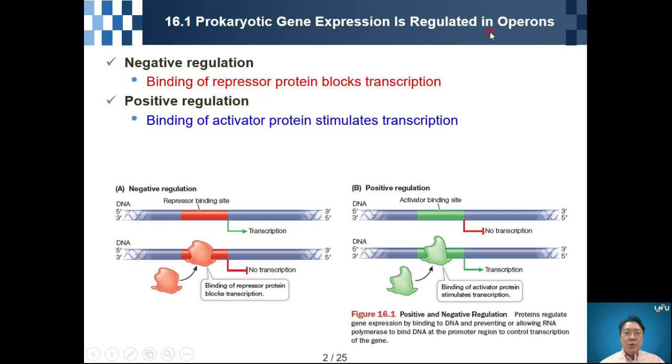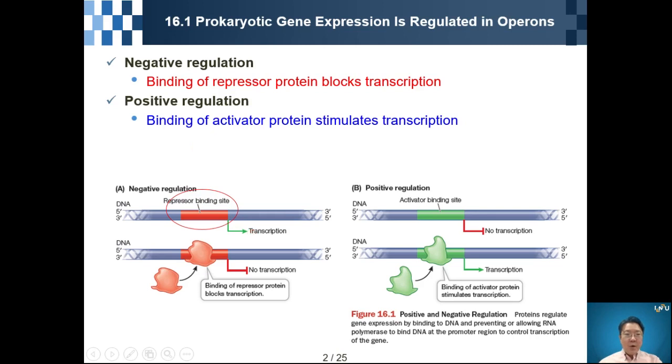First of all, we have to learn what is negative regulation and what is positive regulation. So this is an example of negative regulation. DNA has the repressor binding site. If there are no repressor proteins, transcription happens.